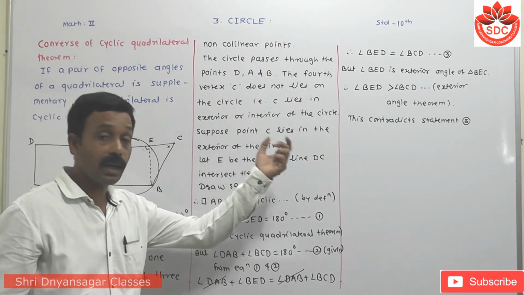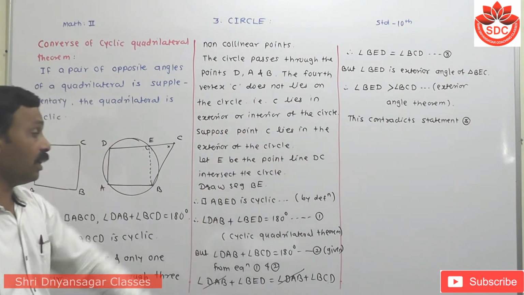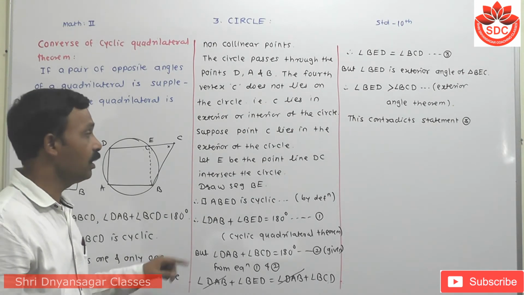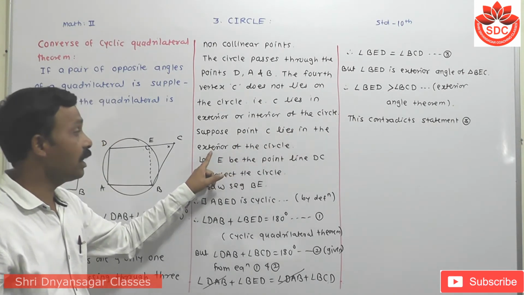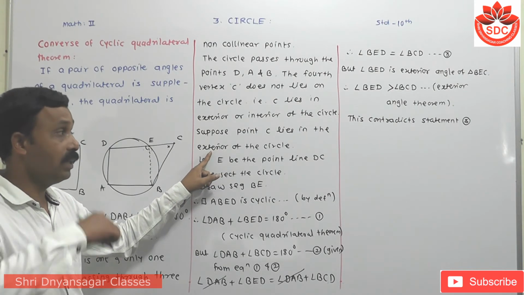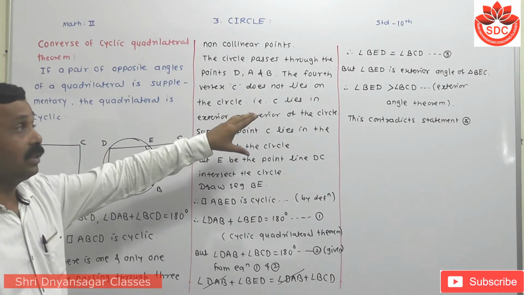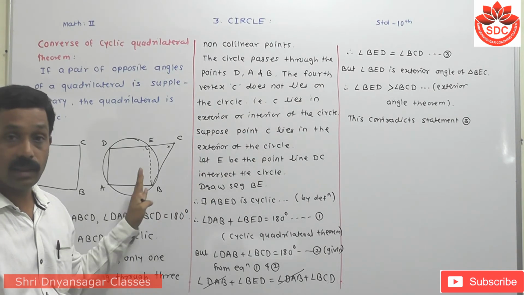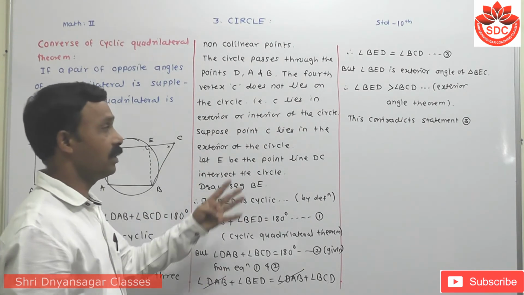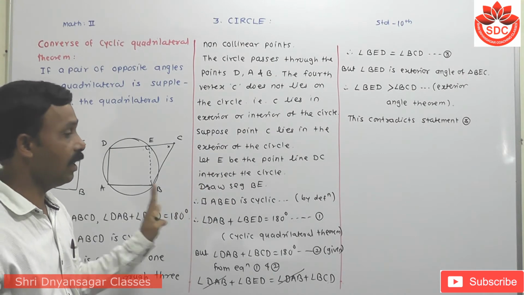Because we take this point C is exterior of the circle. म्हणजे point C exterior घेतल्यामुळे आपल्याला इथे contradiction मिळाले. So this point C does not lie in the exterior part. म्हणून आता हा C exterior येणार नाही.